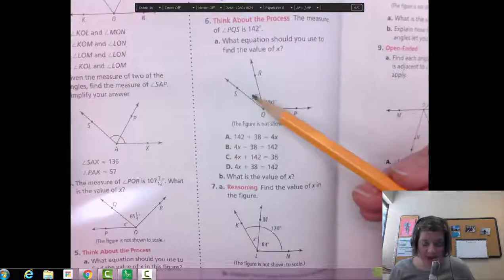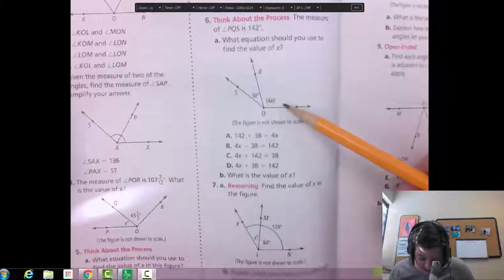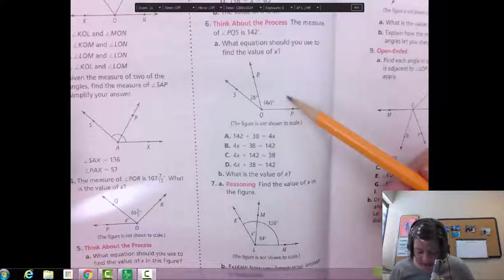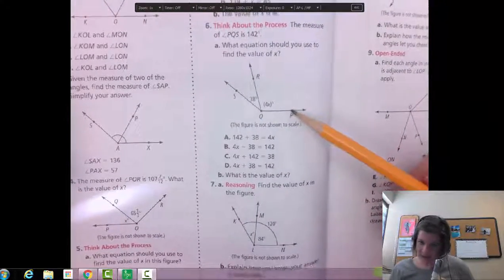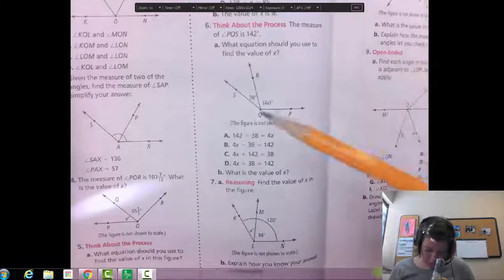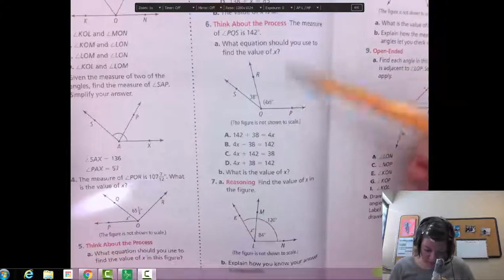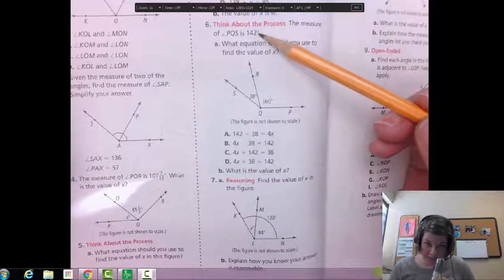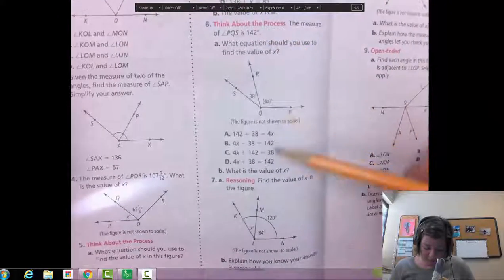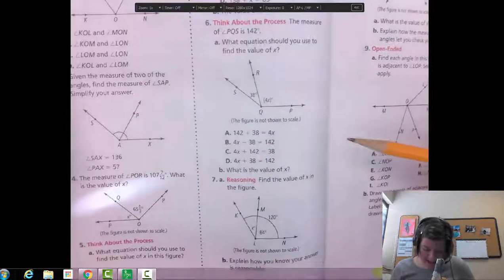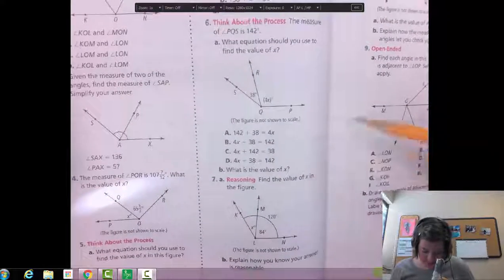If one of them's 38, one of them's 4x, and the whole thing is 142, well, find x. So you'd go 38 plus 4x equals the 142. You'd have to write that out, and there's lots of ways to write it. Just find the one that's correct.